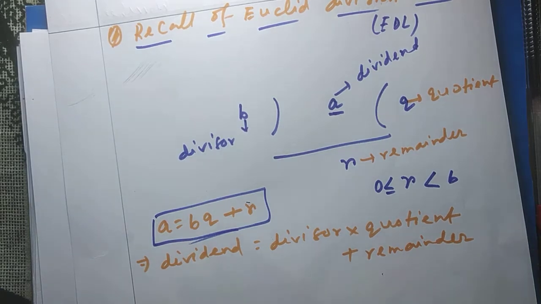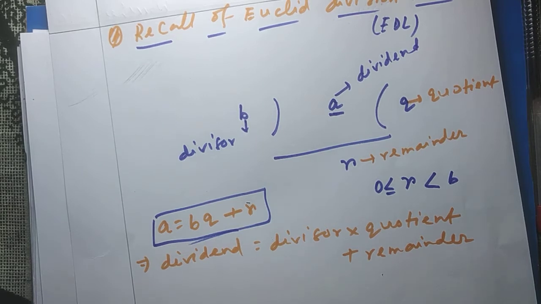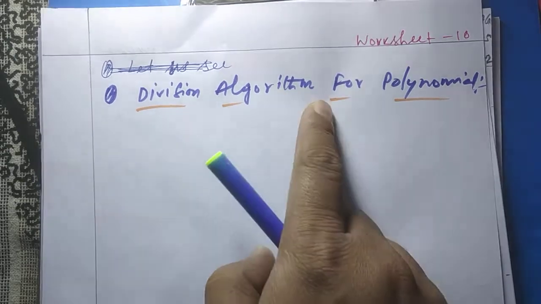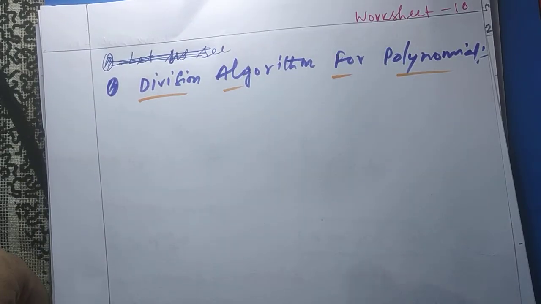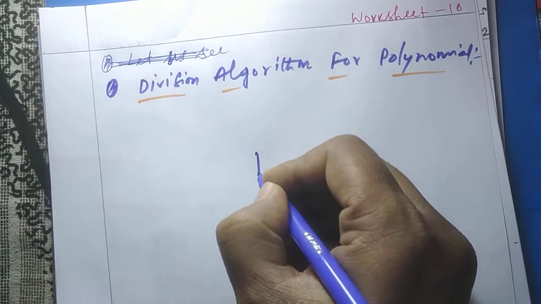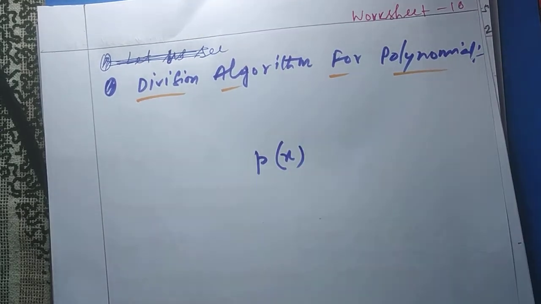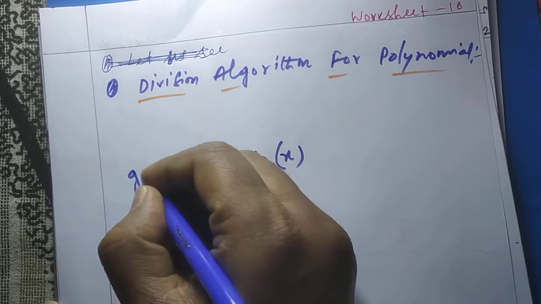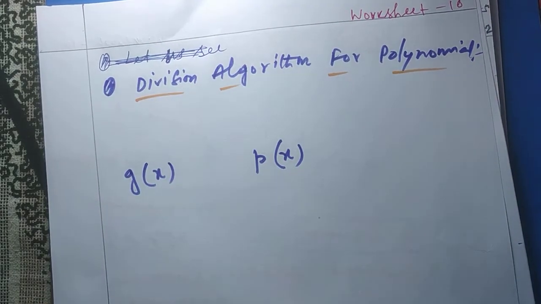Now the same thing will be applied in the division of polynomials. Now let us see how to apply it. Now let us know the division algorithm for polynomials. Suppose we are taking a polynomial p of x. At the same time we are taking another polynomial g of x, correct?